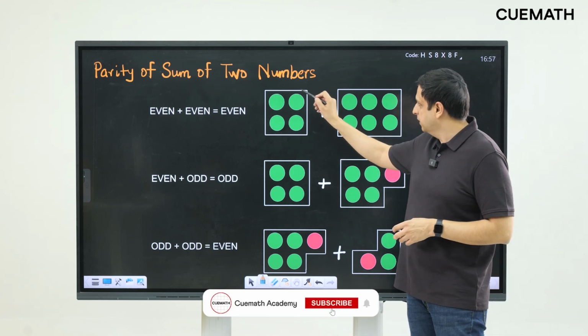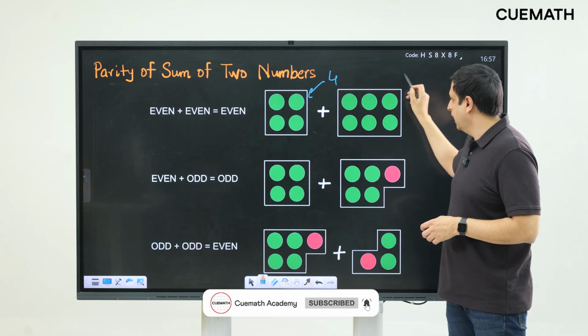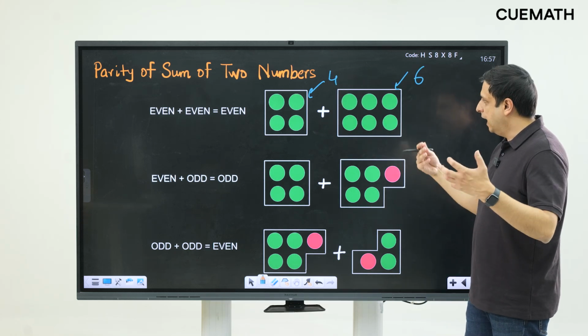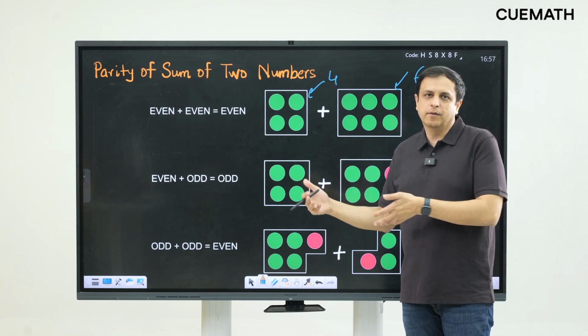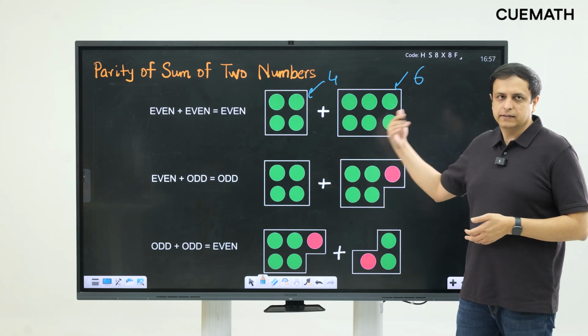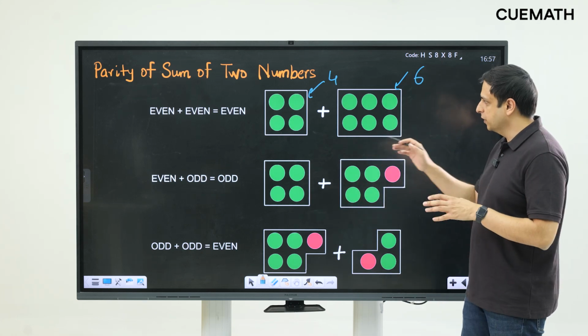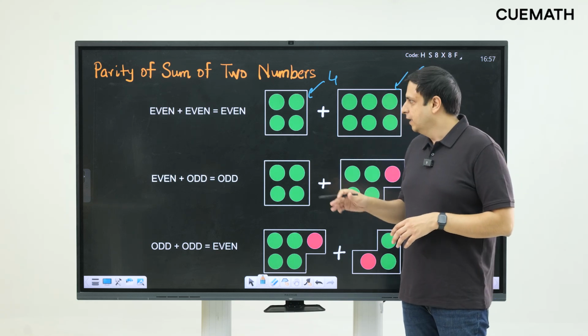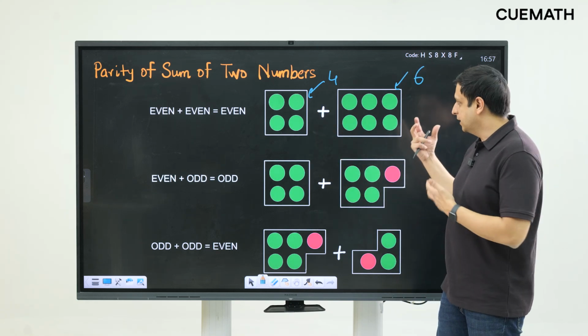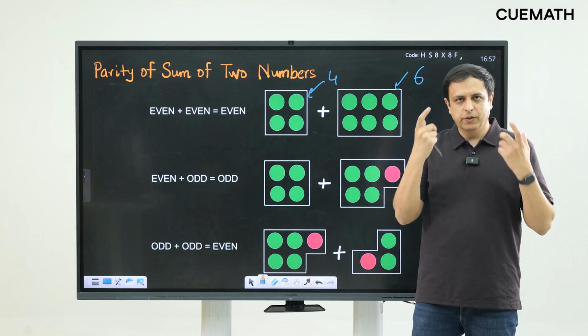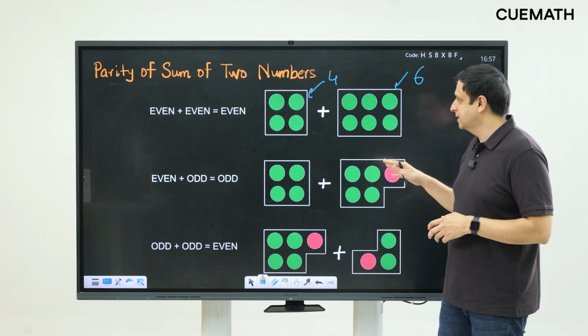So, in this case, for example, this is the model for 4 and this is the model for 6, and you can instantly see that putting them together will give you yet another balanced model, and therefore, the sum that you will get is even. So, even plus even gives you even. You do not need the visual models to deduce that, but the visual models actually help you grasp the whole idea instantly.